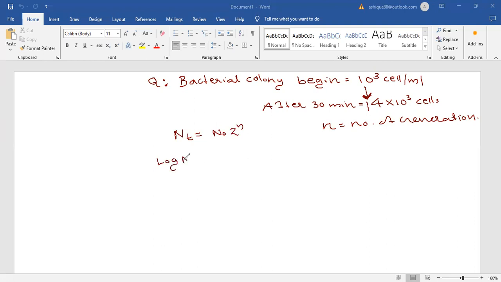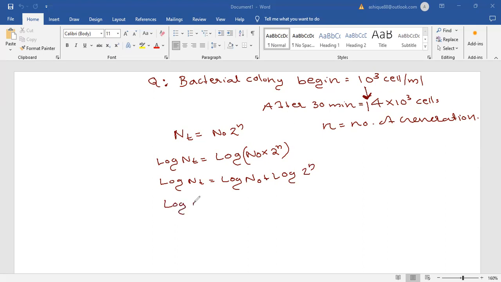That is log Nt is equal to log of N0 into 2 raised to n. If I expand this side, you can get log N0 plus log 2 raised to n. Again, log Nt is equal to log N0, and you can expand this one in this manner, that is n into log 2.